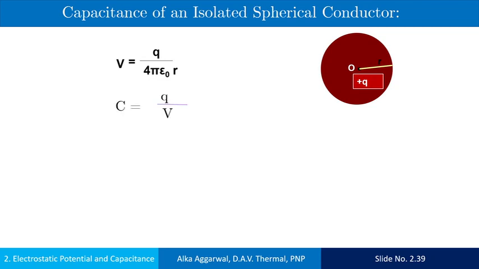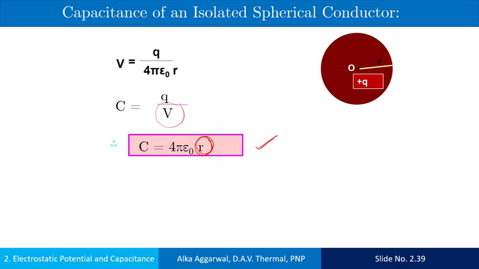But relation between the charge and potential is C equals to Q upon V. Put the value of V equals to Q upon 4 pi epsilon naught R. It gives the capacitance formula, that is C equals to 4 pi epsilon naught R, where R is the radius of the spherical conductor.